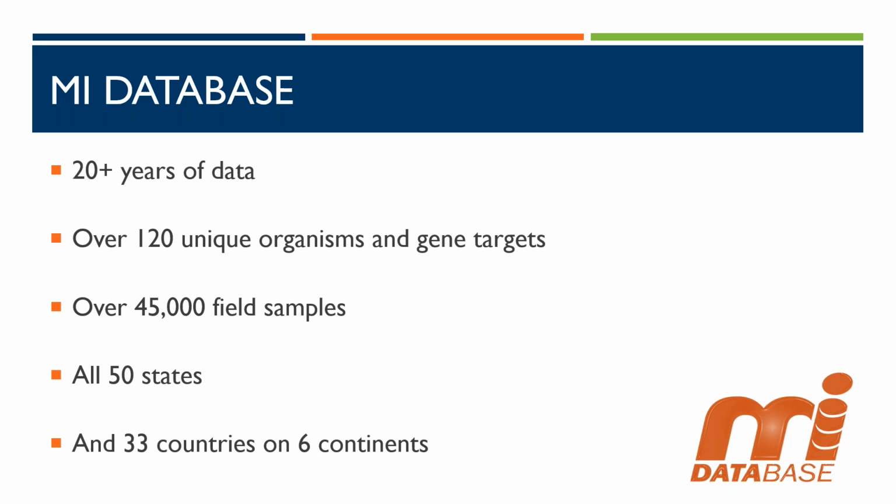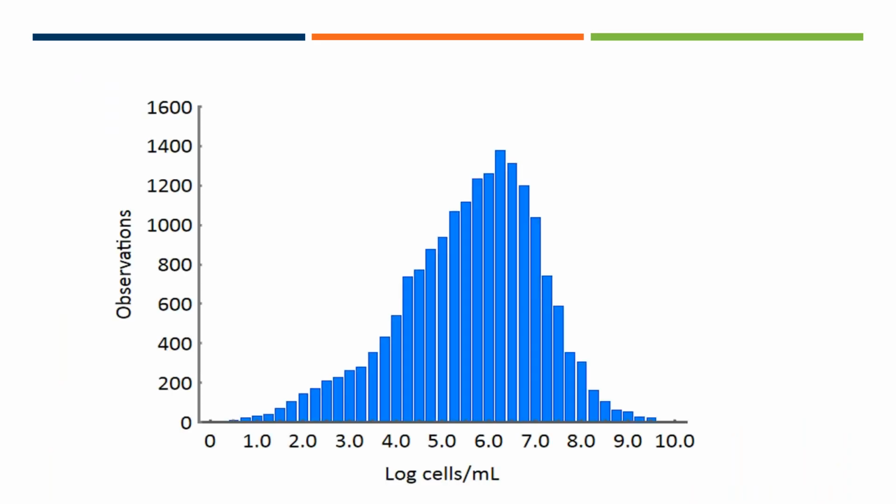And so you can actually bounce your numbers off of this database to determine, is it a high, medium, or low concentration? Again, the question would be, I got this number on my report. What does it mean? Compared to those 45,000 different field samples, you can pull up those percentile rankings and determine this is an okay number, but maybe I need to do another injection, or maybe I need to add another biocide to determine if that number drops or increases in the case of environmental remediation sites.